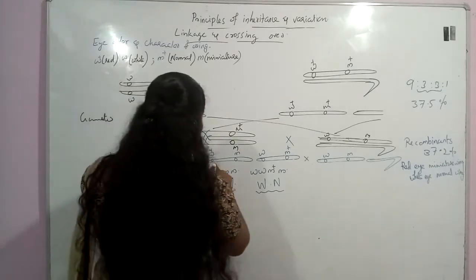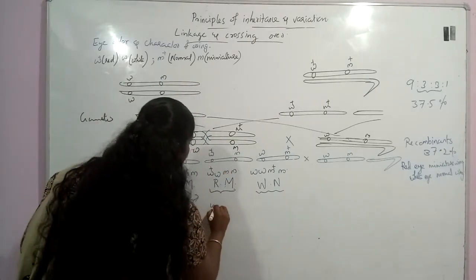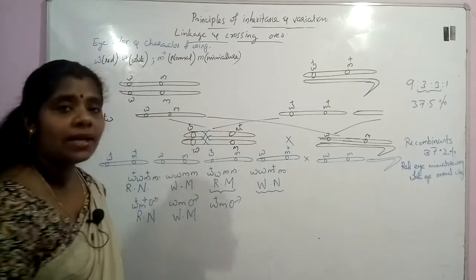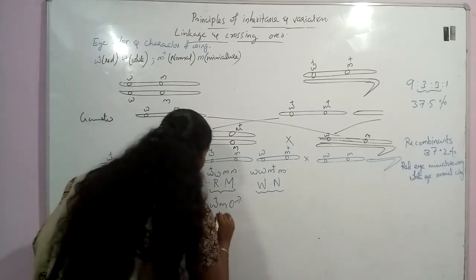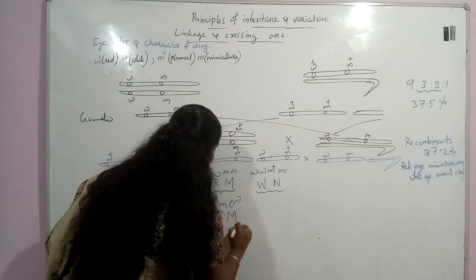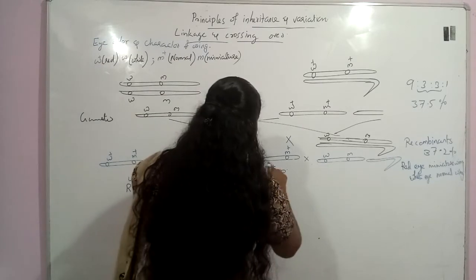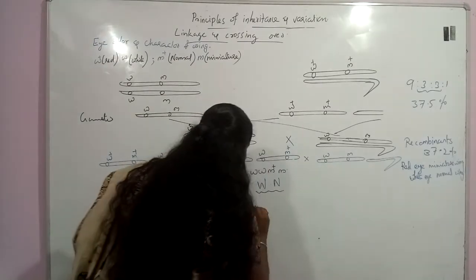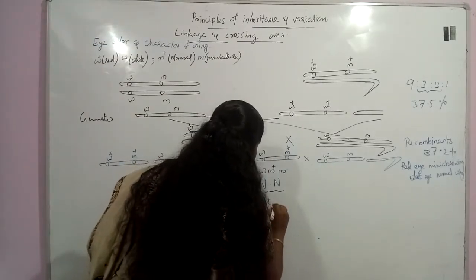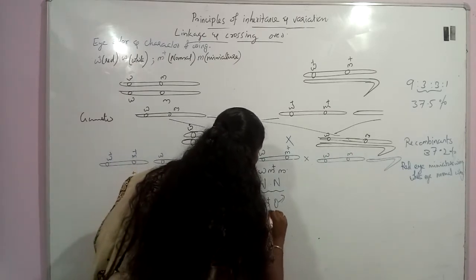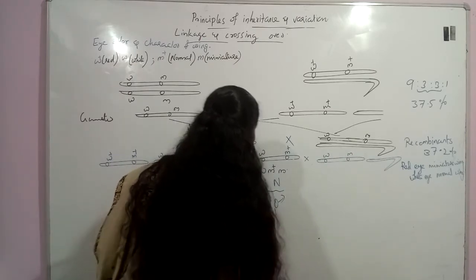And this W plus M male will have the characteristic feature of red eye miniature wing, and this is a recombinant. And here we can see W M plus and Y, W M plus, it is a male Drosophila with white eye normal wing, and this is also a recombinant.